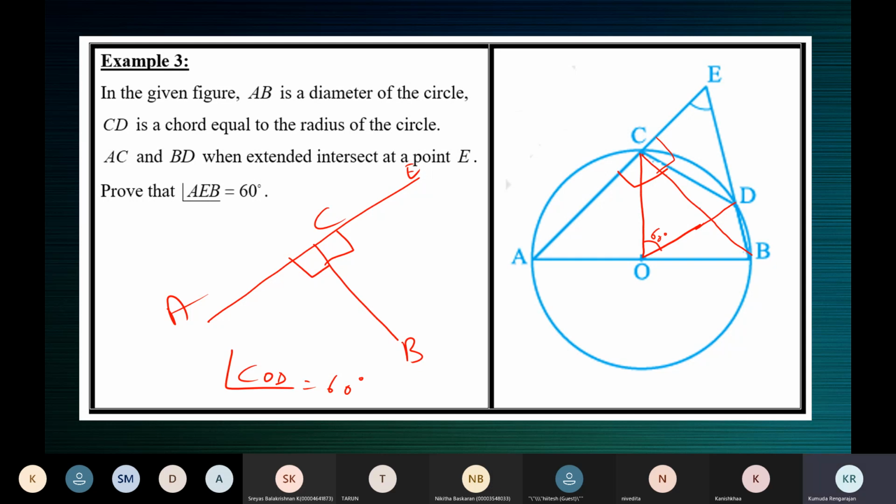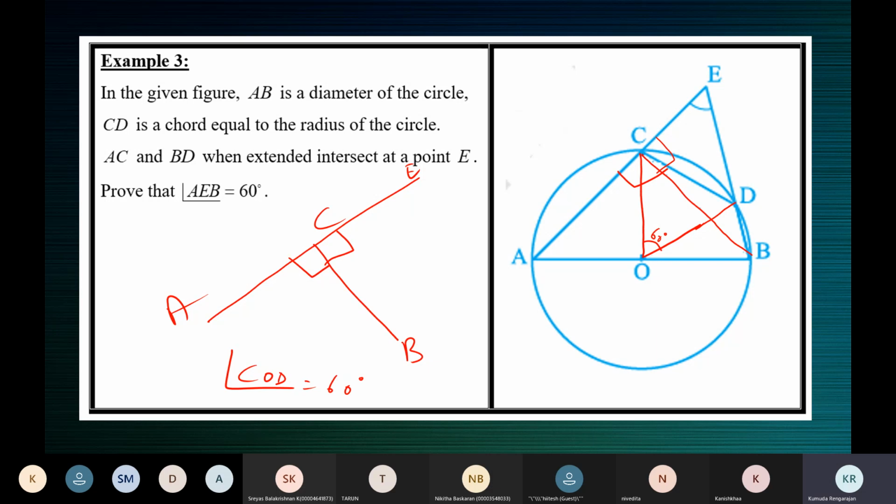Arc CD. Arc CD subtends angle COD where, on the circumference or at the center? At the center, ma'am. Arc CD subtends angle COD at the center of the circle.